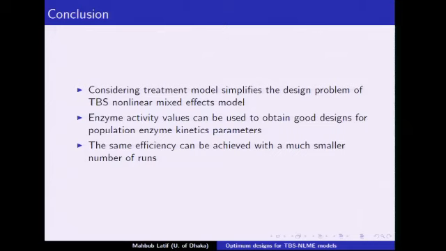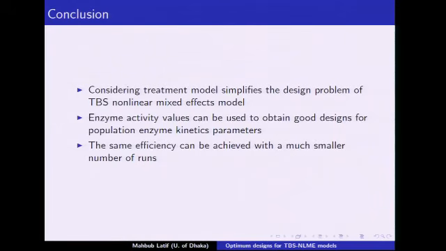Another thing for future work: we did not use here the Hill's coefficient, which is a very commonly used parameter in this model. So next time we will try to use Hill's coefficient in this setup.